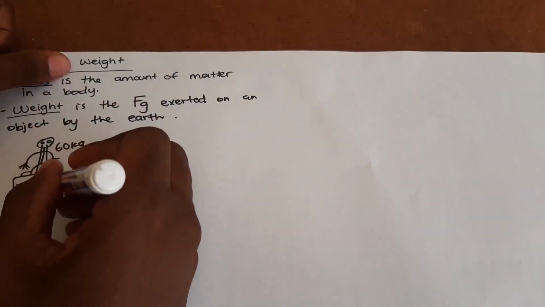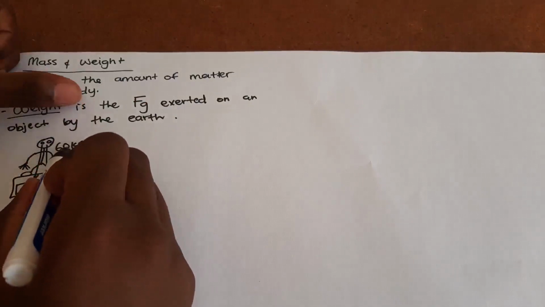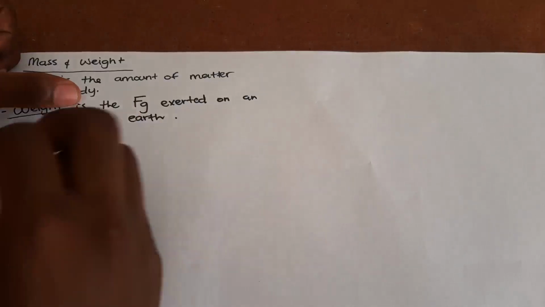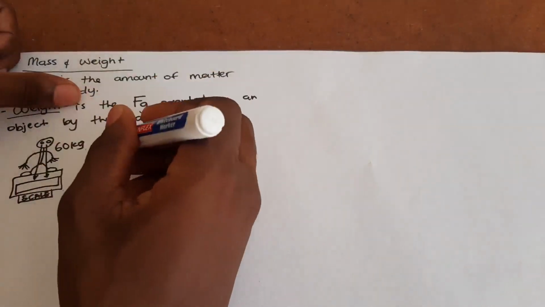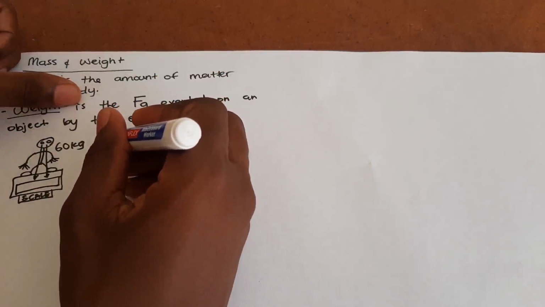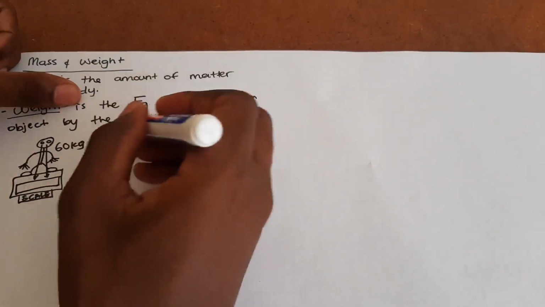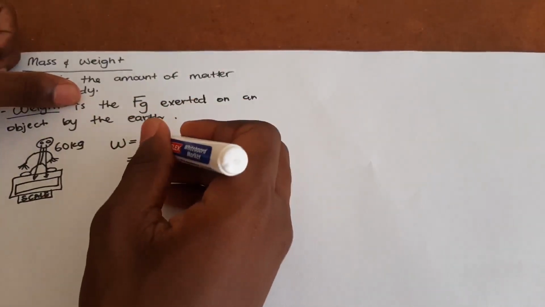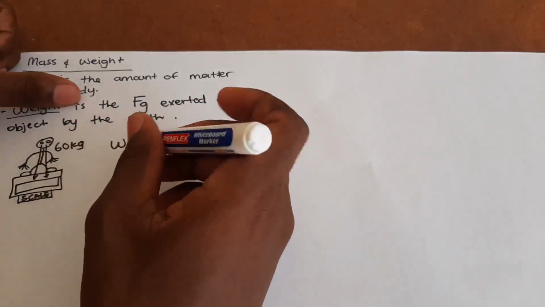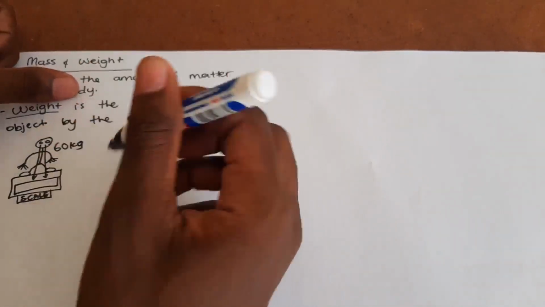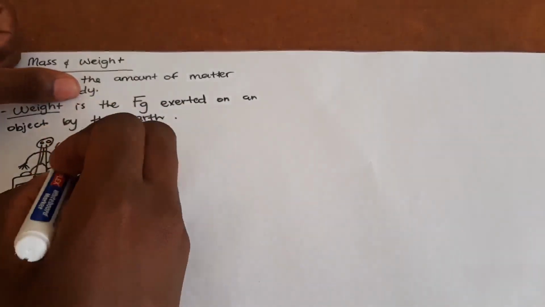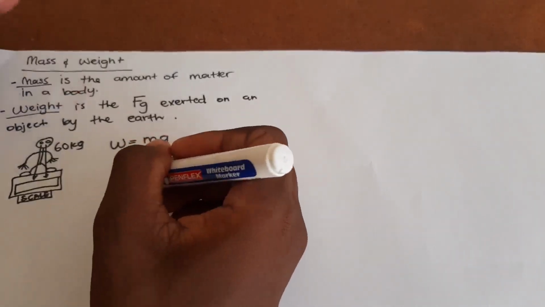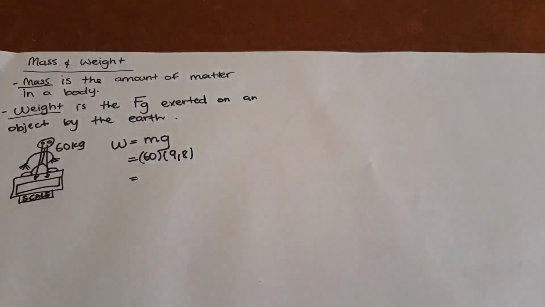You know that weight, Fg, is equal to mg. What's the mass? As I told you, the mass is 60 kg, multiplied by the gravitational acceleration. So let's check the weight.